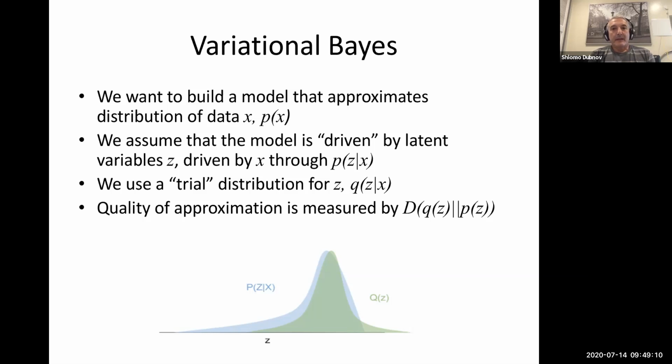So the underlying principle, and also the term that you might have heard, might sound a little mathematically or statistically complex, but I think the idea is simple. As we said, we want to approximate some distribution P(x) of data x.